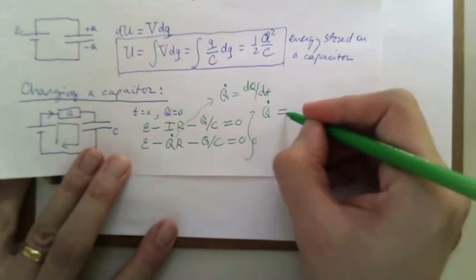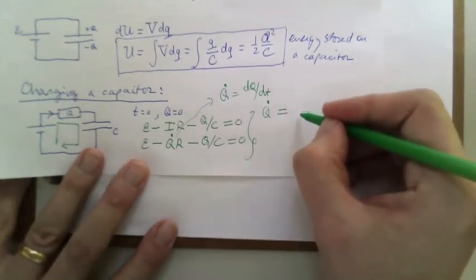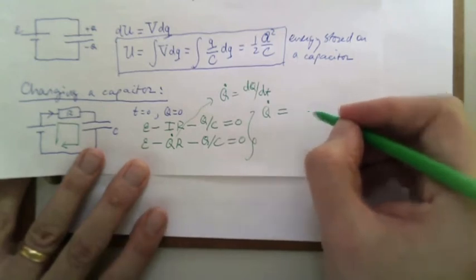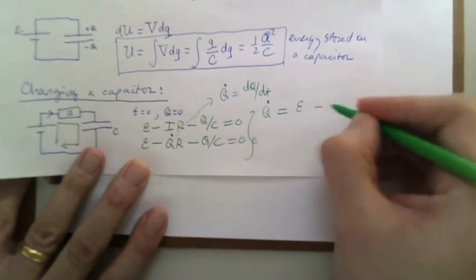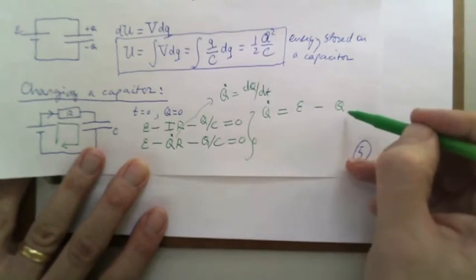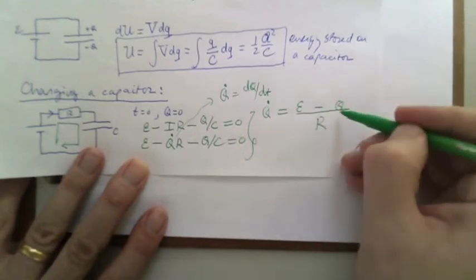Q dot equals, let me bring the other one to the other side, E over R minus Q over RC.